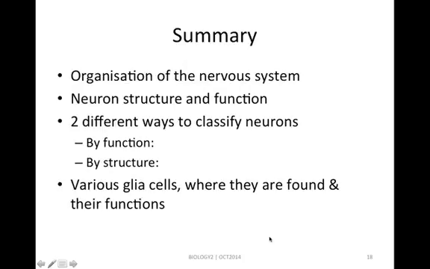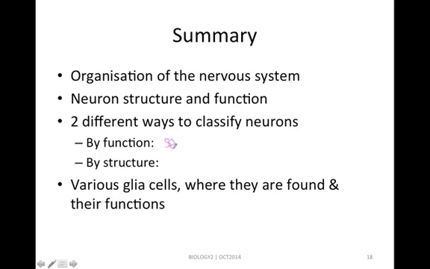So, summary of lecture 4.2: you need to know the structure and function of a neuron very well. You also need to know the different ways to classify neurons. There are two ways basically, by function and by structure. By function depends on the direction of transmission of information in or out of the CNS.